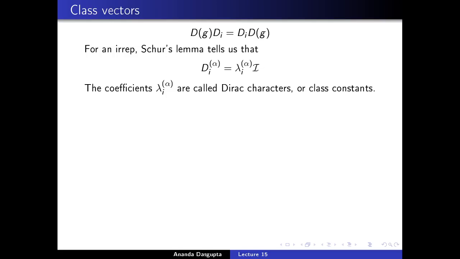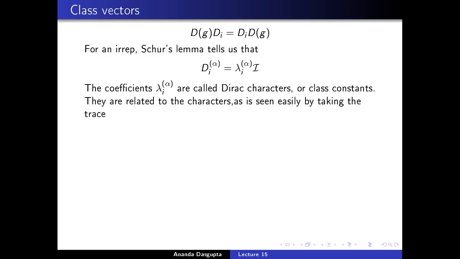And that is easily seen by taking a trace of the ith class matrix. So if I take the trace of Di alpha, what you are going to get is simply the sum of the traces of all the representation matrices which go into making up Di alpha. That is, you have to sum up the characters of all the group elements in the alpha irrep, of course.